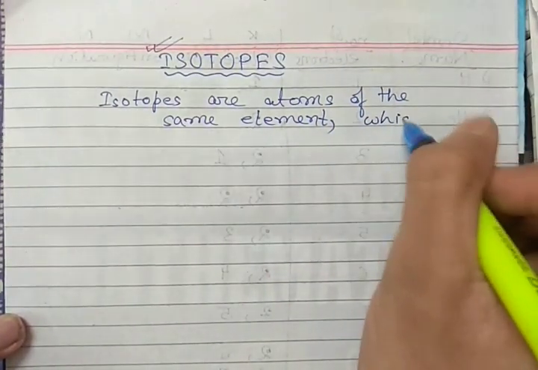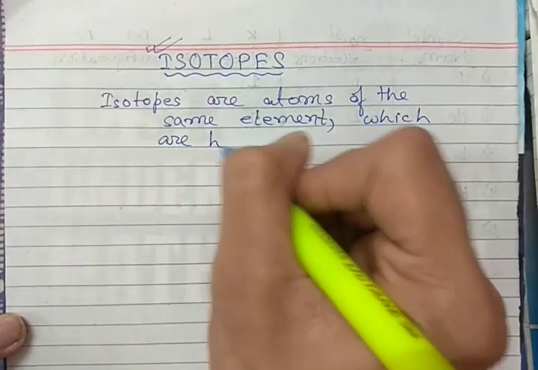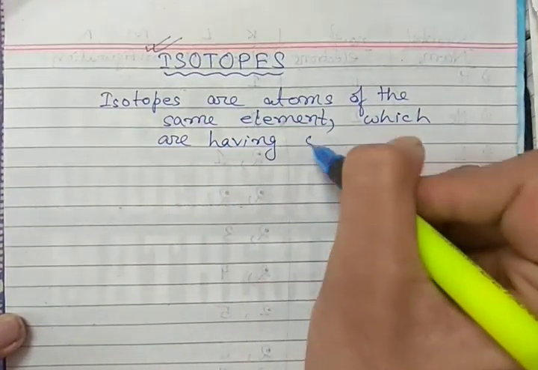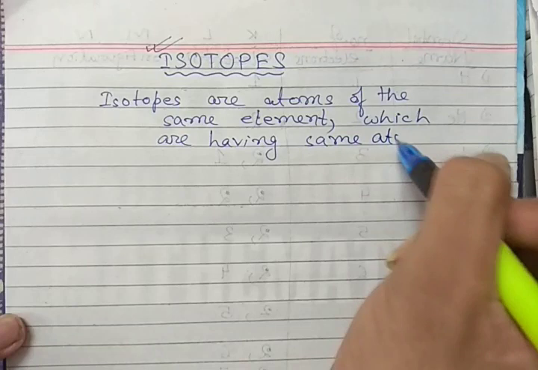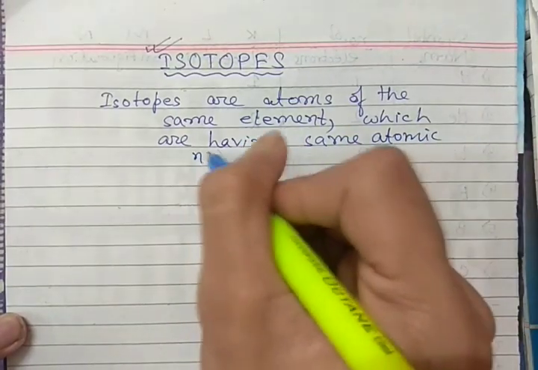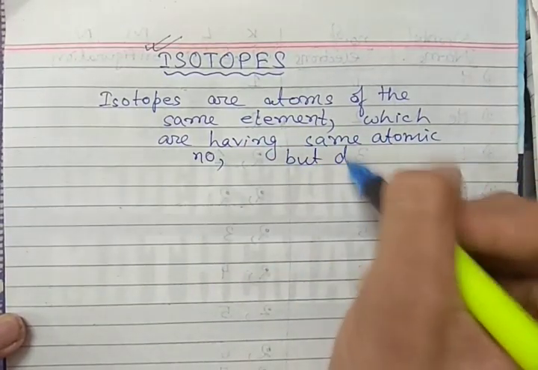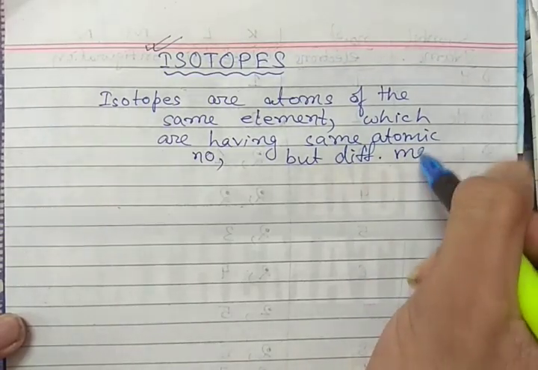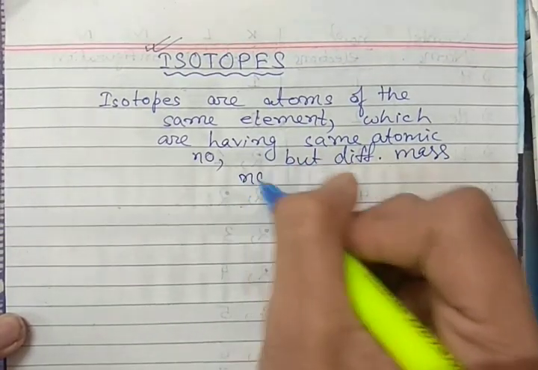which have the same atomic number but different mass number. Is it clear? They have the same atomic number but different mass number.